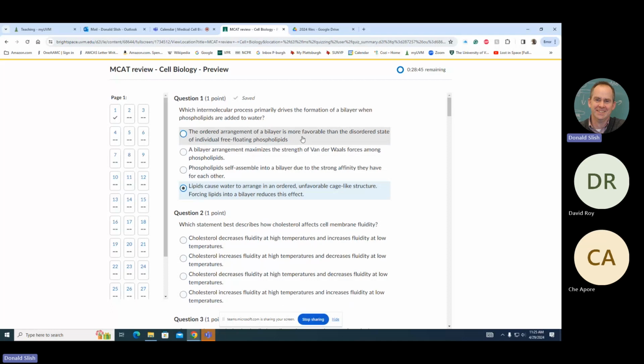The ordered arrangement of the bilayer is more favorable than the disordered state of individual free-floating lipids. I think this is also true. This is more true, I guess, because it focuses on the water problem. Yeah, a lot of questions are like that, you know?